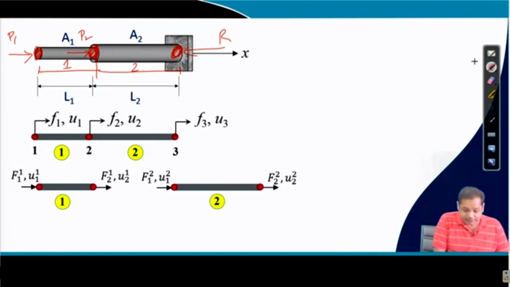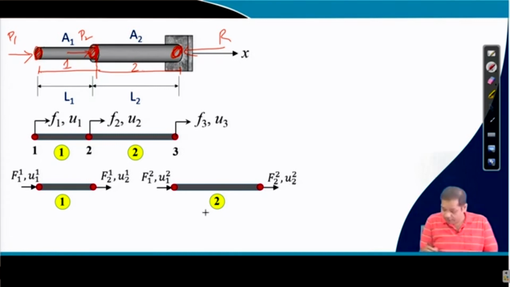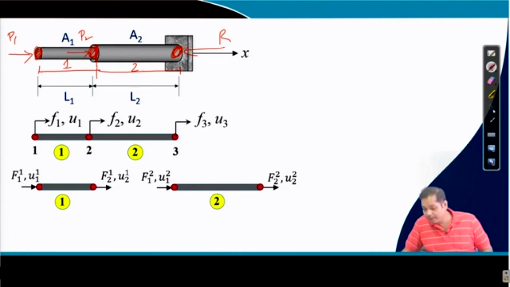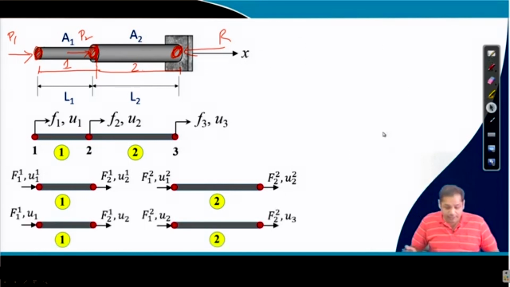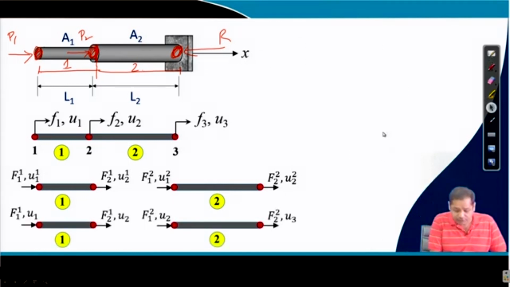And for element 2, these are the forces and displacements. Now, this is a general expression, which we have already seen for the given element. Now, let us map this expression with this.